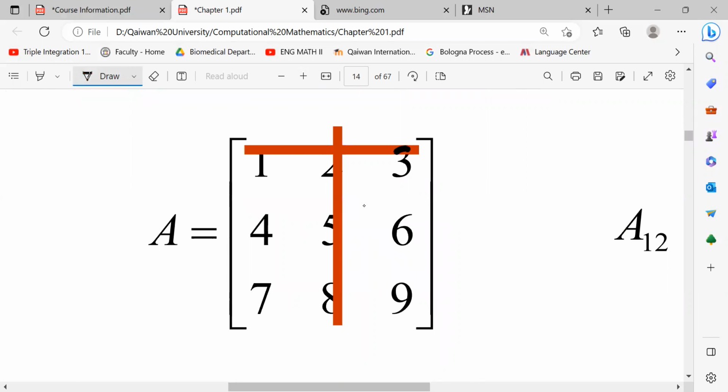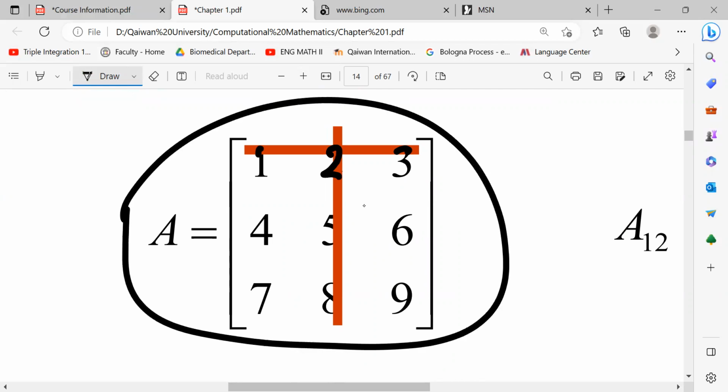This is 3, this is 1, this is 2. We have this matrix, okay? By removing a row or a column, or a row and a column from this matrix, we get another matrix. And the outcome is a submatrix.